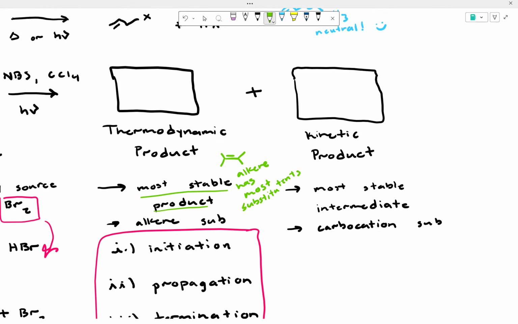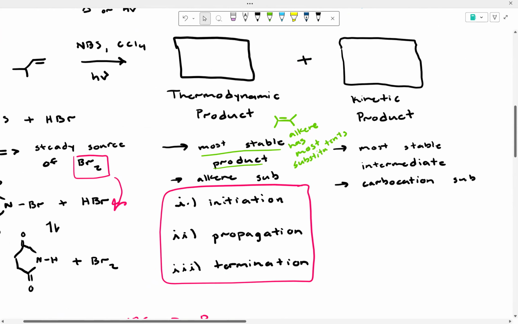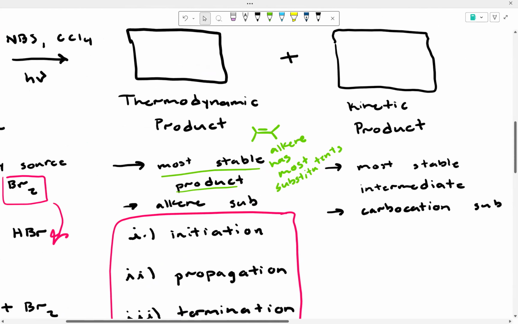And this is because when our alkene has the most substituents, it is the most stable form.